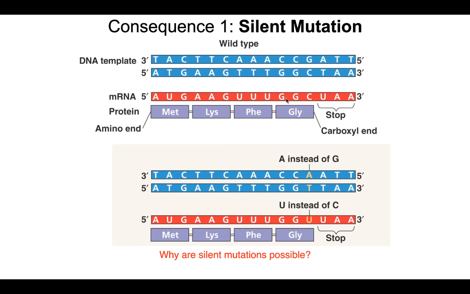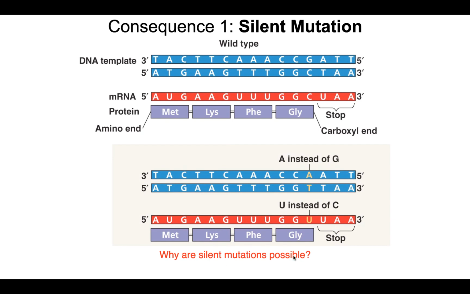Well, we go from a GGC, which encodes a glycine, to a GGU, which encodes a glycine. So there was no change in the structure of that protein. Our mutation took a codon that encoded glycine and turned it into another codon that encoded glycine.